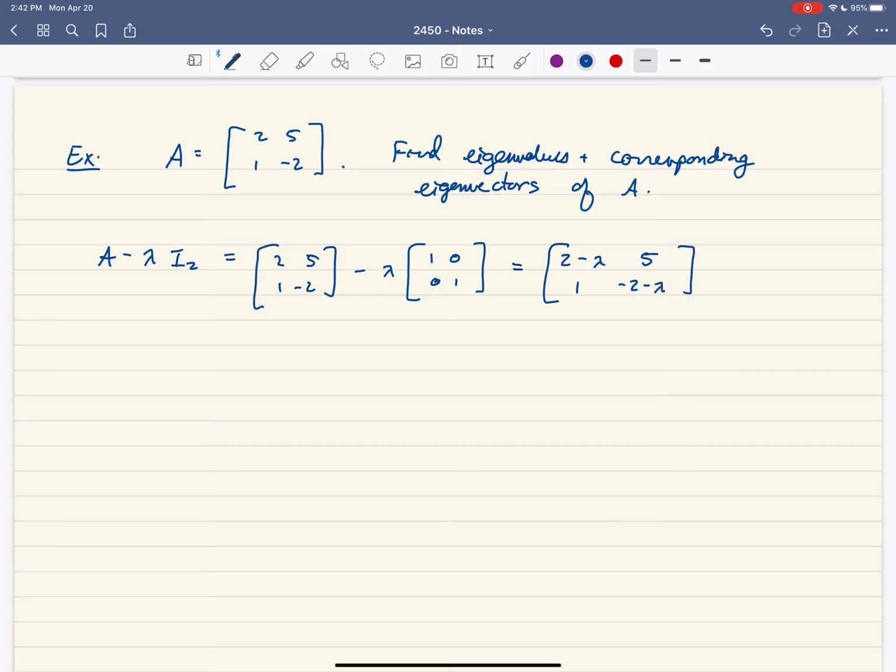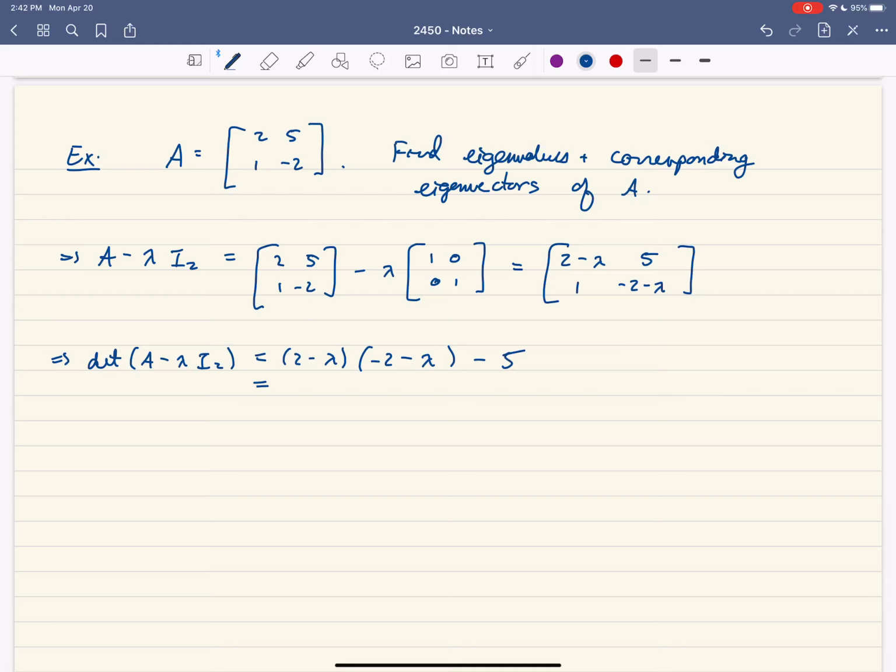So that's A minus lambda times I. So that tells us that the determinant of A minus lambda I is going to be equal to 2 minus lambda times negative 2 minus lambda minus 1 times 5, and that would be 5.